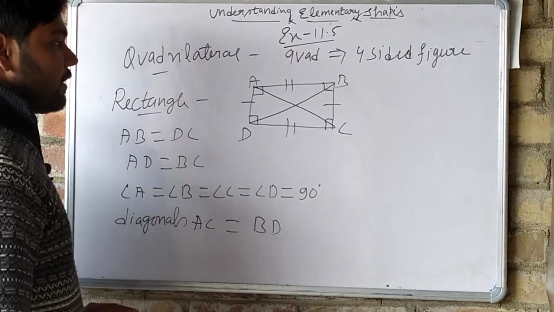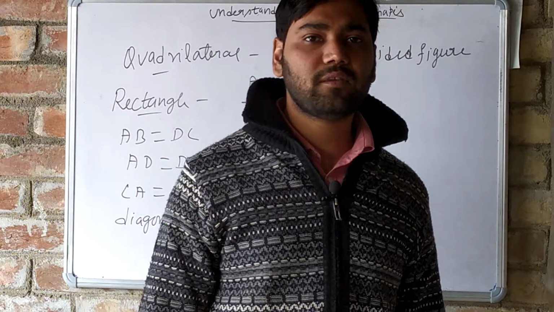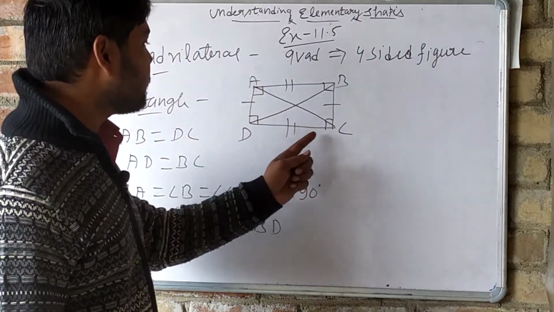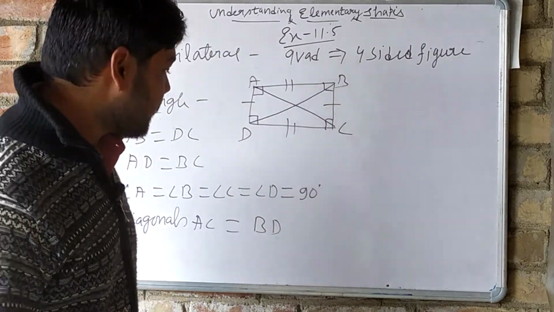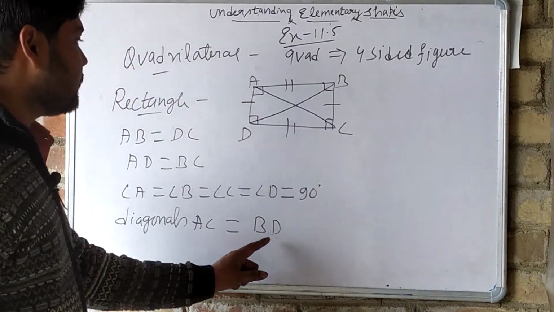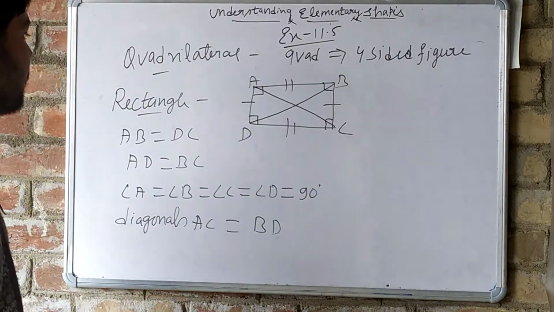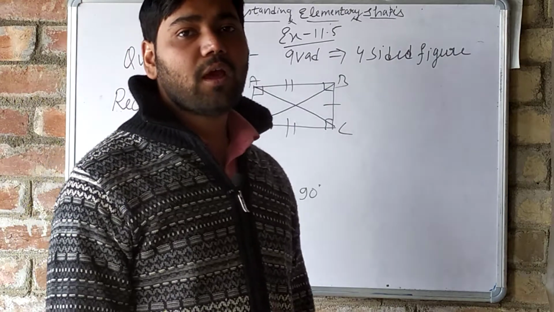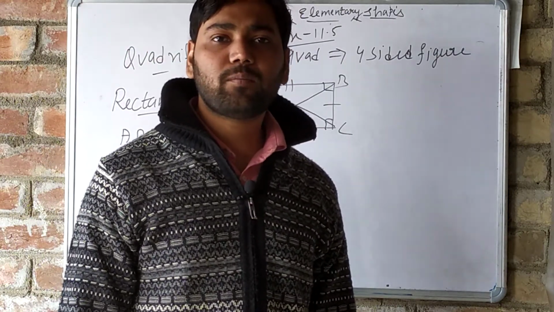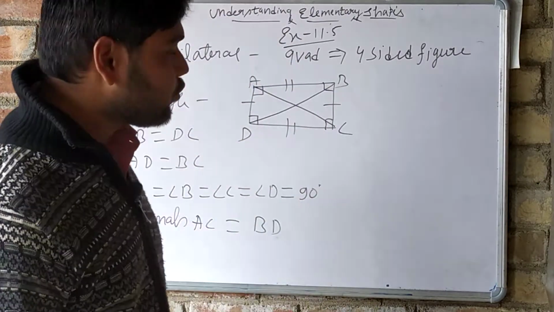Diagonal means a slant line joining two opposite vertices. So these are the properties of rectangle which you have to keep in your memory, as it is a very vast topic which you will study in higher classes too.